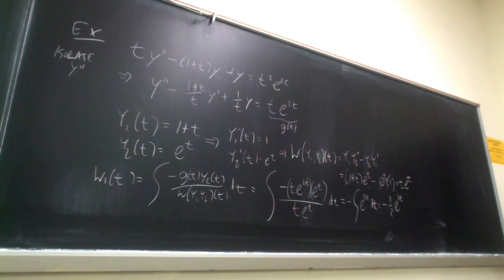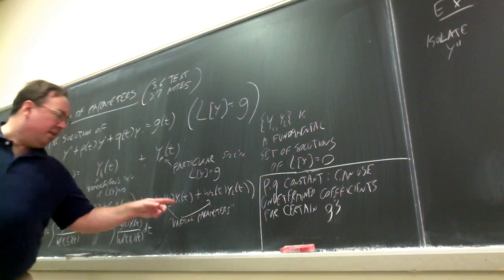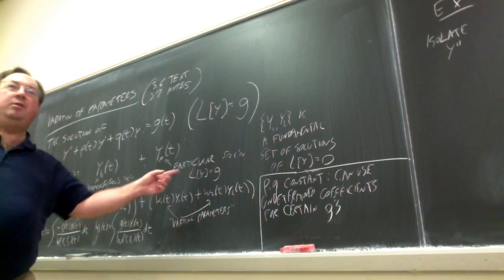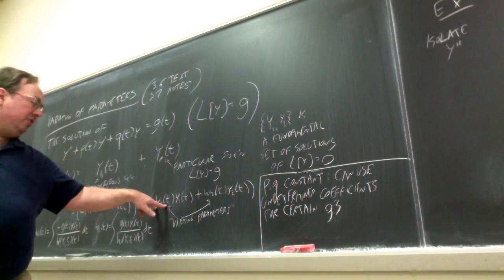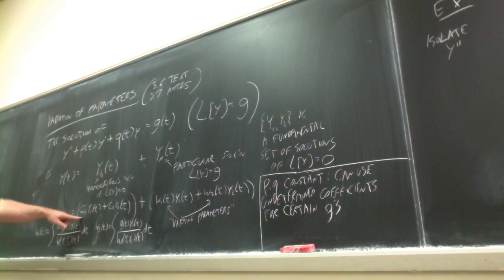It's actually redundant, and the reason for that is if we go back to the general solution that I wrote here, after you work out the integrals for W1, W2, what do you do? You multiply them by y1 and y2. So if I have a plus c in here, that's going to multiply y1. But I already have a constant multiplying y1. So you're adding a redundant arbitrary constant.